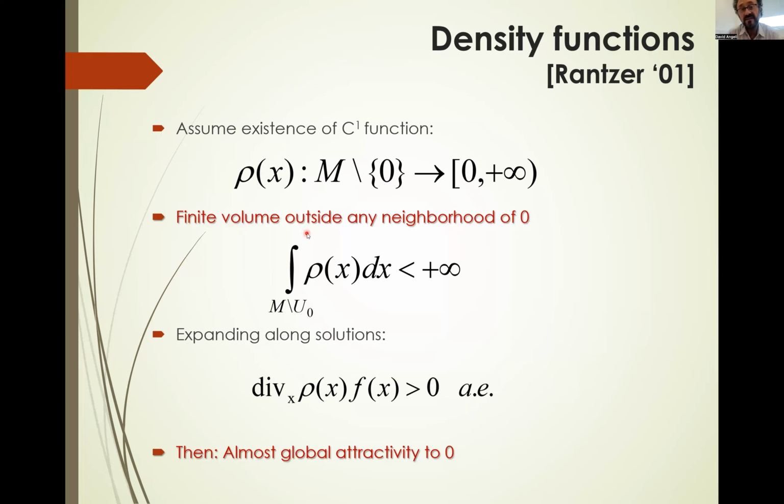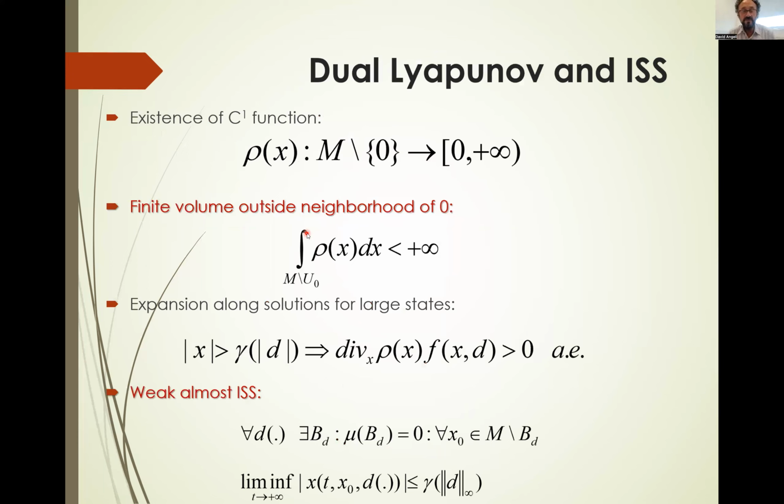And it turns out one can try to use those also for ISS. And so what one can ask is that there is expansion of the volume provided x is large with respect to the norm of d. So x bigger than gamma of d implies that the divergence is bigger than 0.